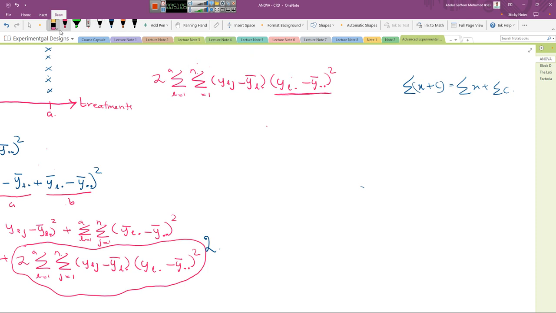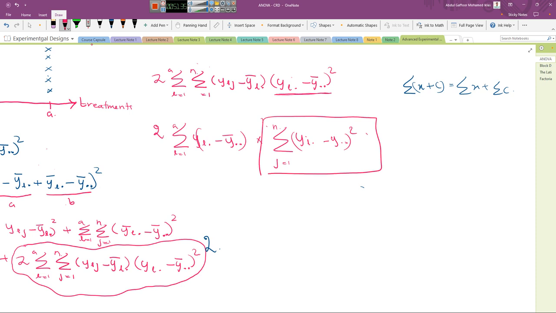Right? So now it can be written as 2 into summation i equals 1 to a (yi dot bar minus y double dot bar) into summation j equals 1 to n (yij minus yi dot bar), right? Now here, this is a summation, this is another summation.